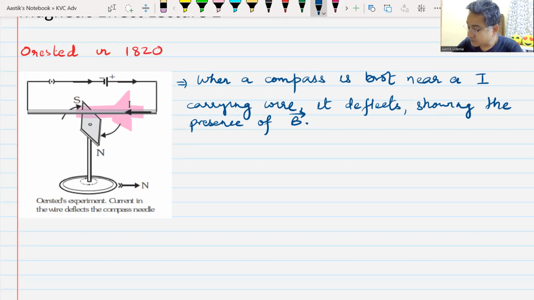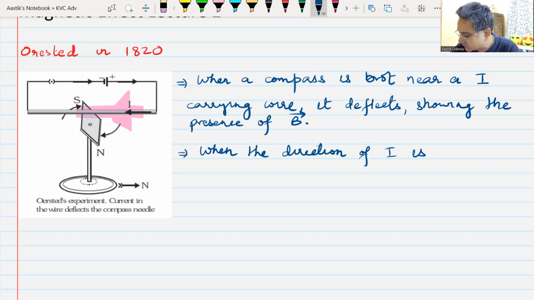He also found out that when the direction of current is reversed, then the deflection also reverses.